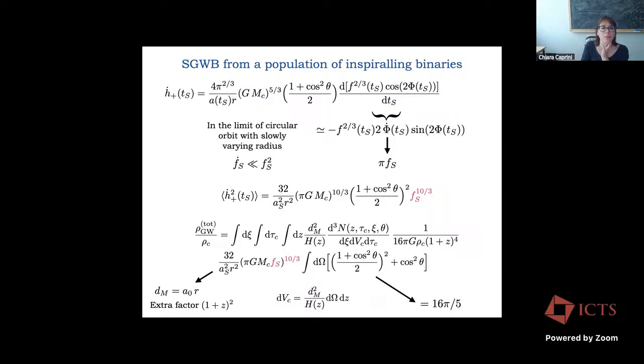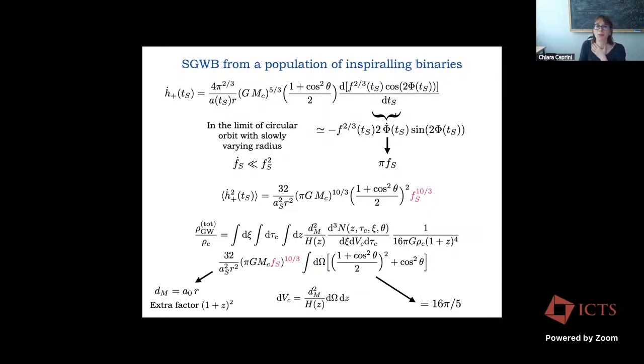There is an angular factor due to the fact that here I've taken the plus polarization; if it was cross, this would just be a cosine. Then we have f to the 2/3 and the phase, and this is h dot, so I need to take the time derivative of f to the 2/3 and the phase, which are time dependent quantities, for the time at the binary.